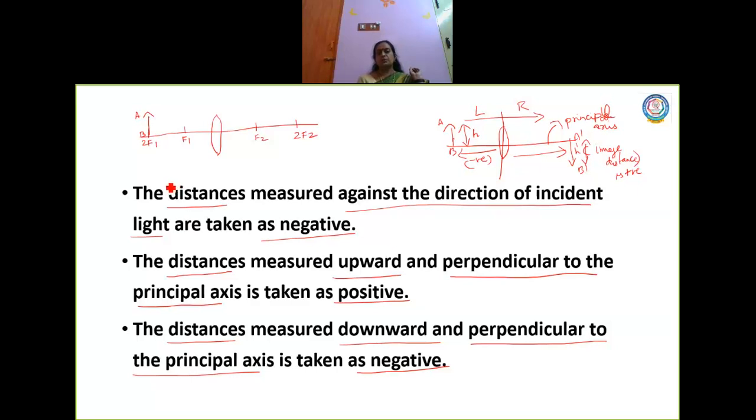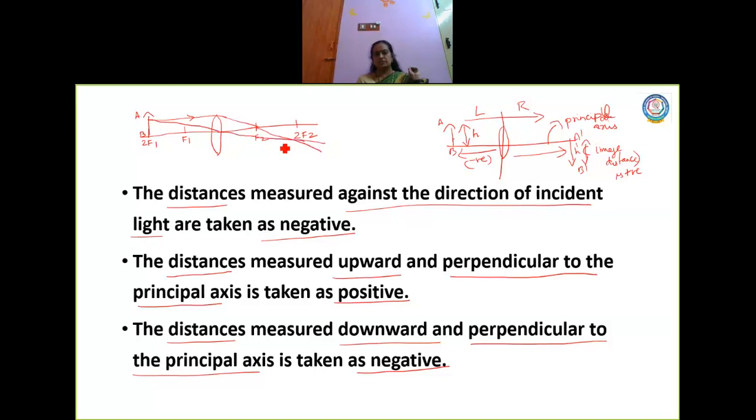Now if the object is at 2F1, I take one ray which is parallel to the principal axis. After passing through the lens, it passes through the focus. And again a ray of light passing through the optical center will not undergo any deviation.